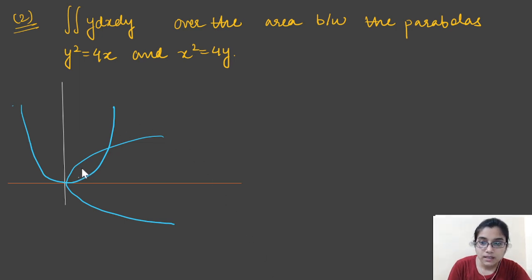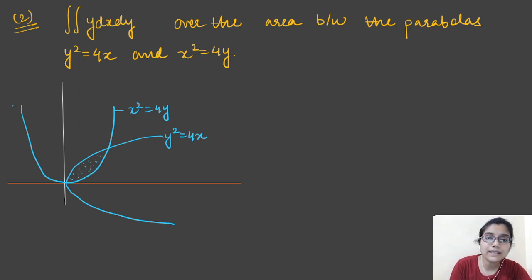Now you see this is the area bounded between both the parabolas. This is x square is equal to 4y, and here you have y square is equal to 4x, and this is the area bounded between both the curves. So this is our region of integration. We have to integrate this integral over this domain.